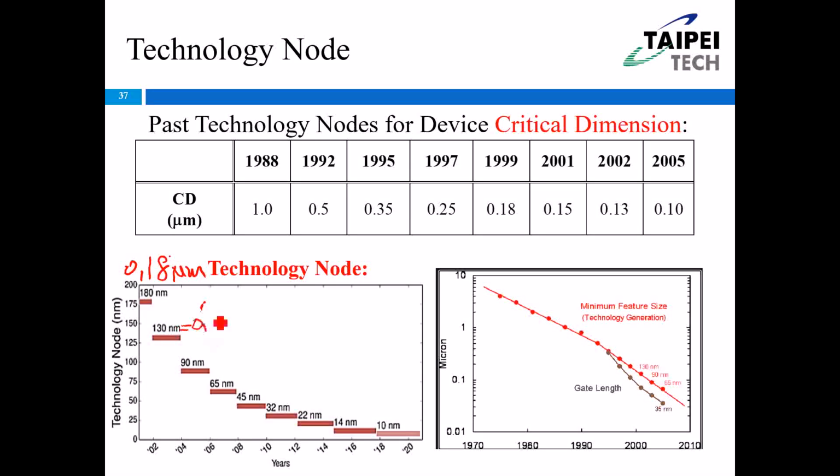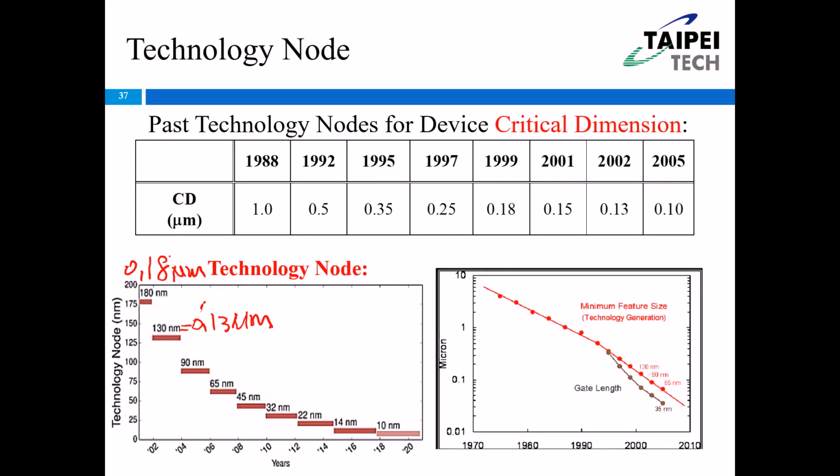So when it's over 100 nanometer, 20 years ago, we would say 0.18 technology node, 0.13 technology node. And then you can see, 20 years ago, we already had the 90 nanometer technology node, and it improved so fast.